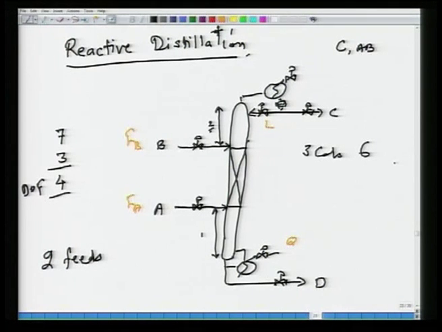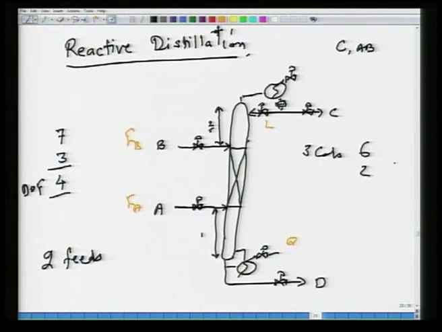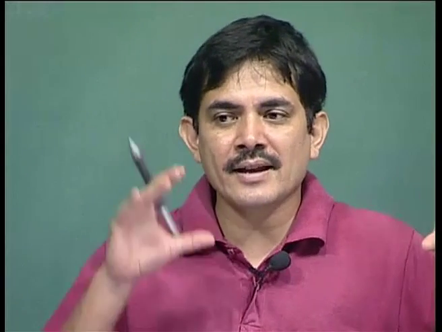You have got a reactor, what is the operating temperature of the reactor and what is the hold up inside that reactor, that gives you 2 degrees of freedom for the reactor, and you have got 2 fresh feeds. What is the degrees of freedom? 10. Operator has got 10 things that he can set to get the kind of reaction and separation that he wants. He can set 10 things.